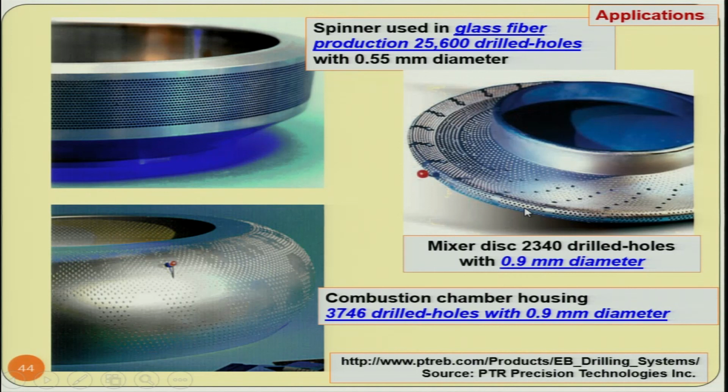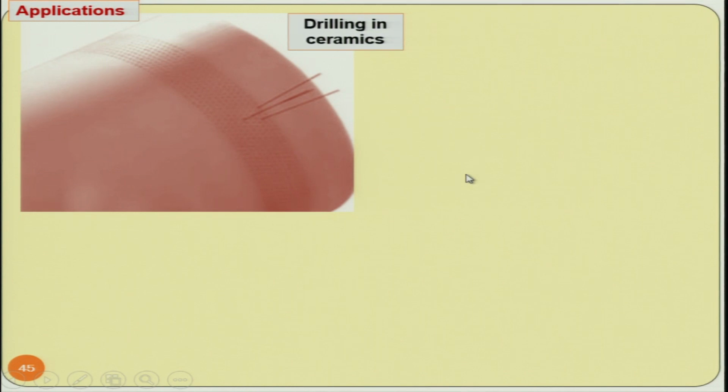Please note carefully that they need not be circular all the time. As I have already mentioned, you can have even non-circular holes with the help of electron beam micro drilling. The only requirement is that you have to accurately control the relative motion between the workpiece being drilled and the electron beam. So you can have non-circular holes also at different locations.